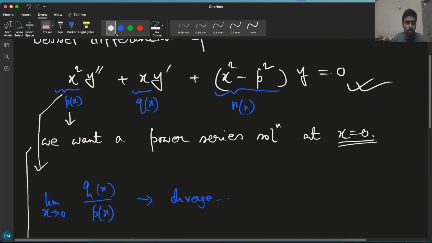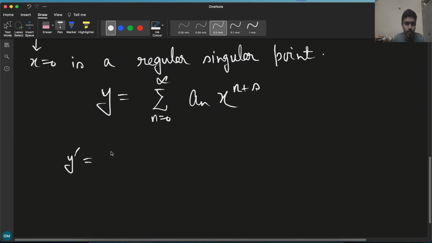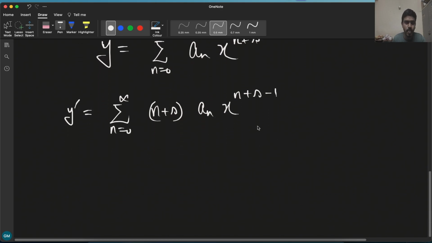That's what we will now calculate: y dash equals to sum over n equals to 0 to infinity of (n plus s) times a n times x to the power n plus s minus 1.